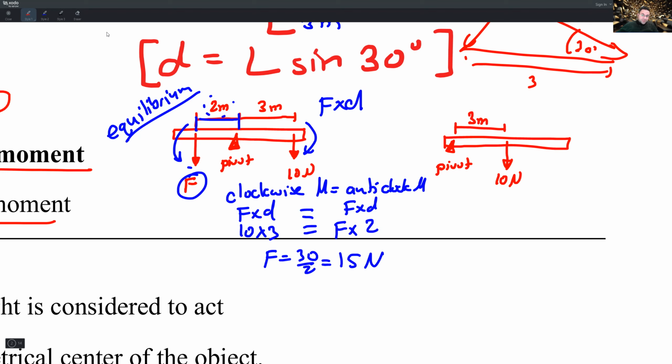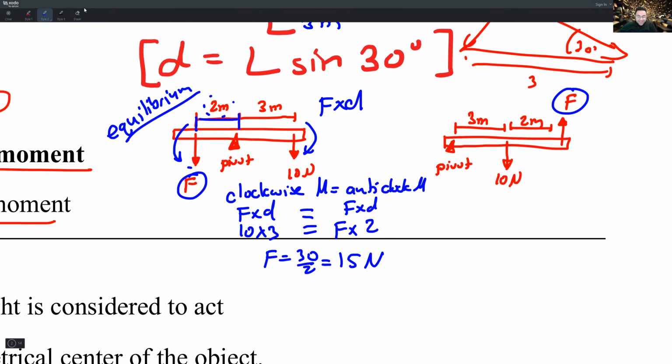Notice I'm using the same numbers. And then F upwards, because notice the pivot's on the side, so if I push down, I need another force upwards to balance the upward and downward forces. I need both. And this is F at a distance of 2 meters here. So pretty much almost the same example. Find F.